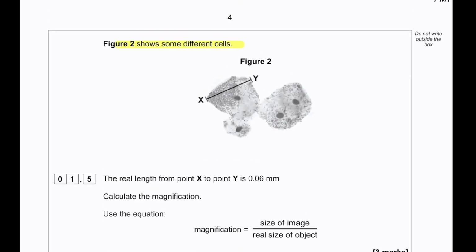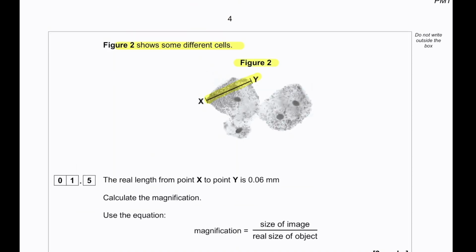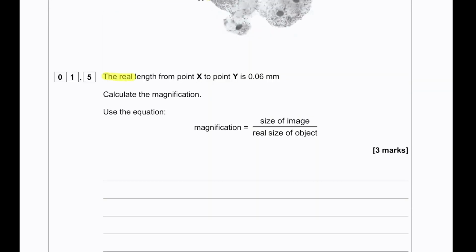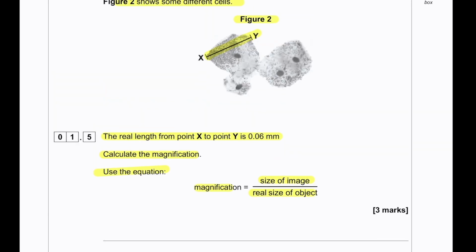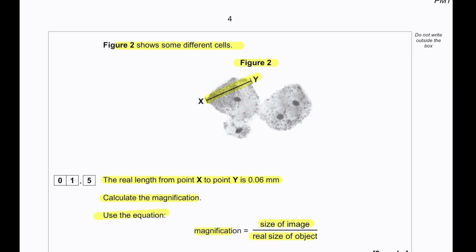We can see in figure 2, the line x to y is the distance measured for the cell. So we will measure it with a ruler. The real length from point x to y is 0.06 millimeter. Calculate the magnification. Use the equation magnification equals image size divided by real size of the object. In order to find this answer, we will first measure the distance from x to y, which in this case we will just take from the mark scheme, which is 2.4 centimeter.